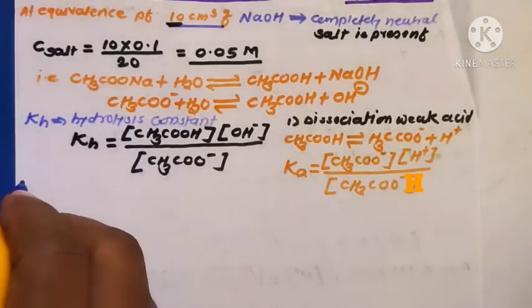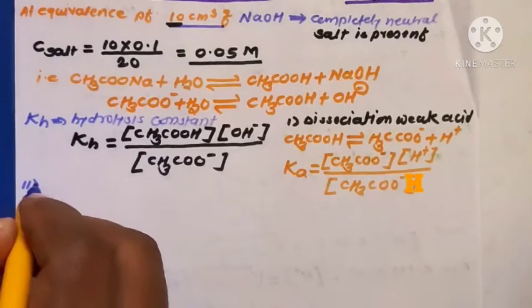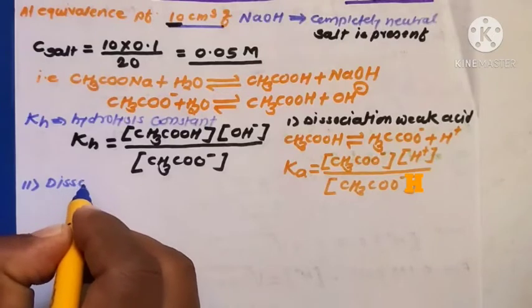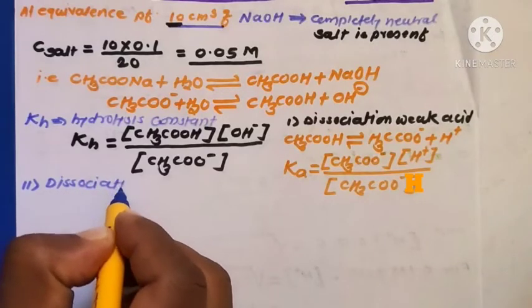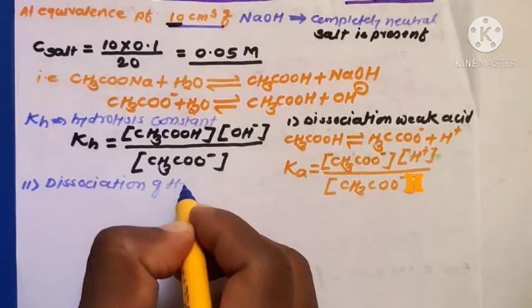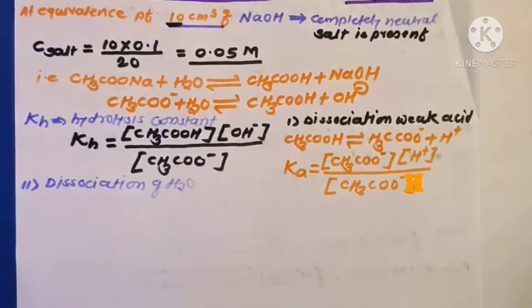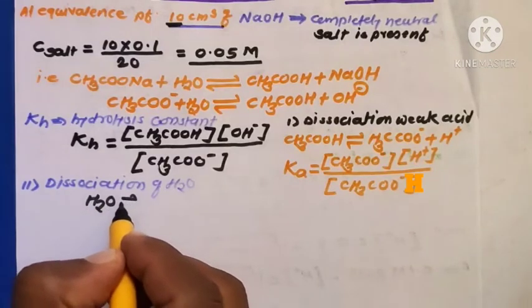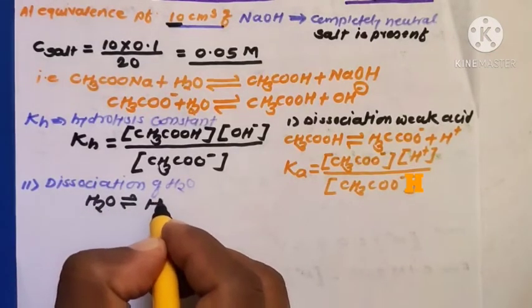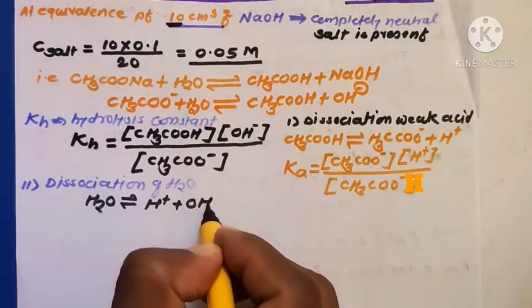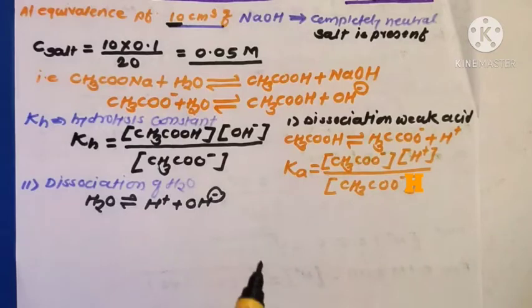The second equilibria, the dissociation of water, H2O, which can dissociate to form H plus ions plus OH minus ions.